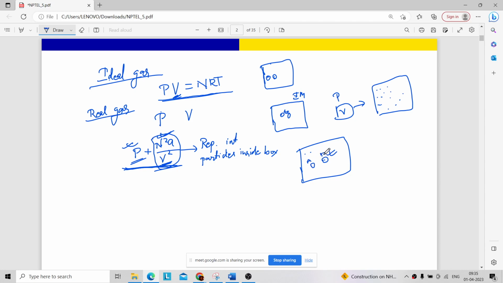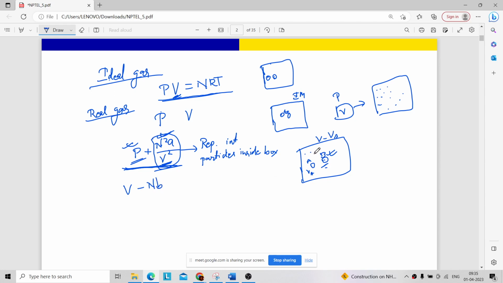So for the B particle, the available volume is V minus some v. Let's write this as V minus v. So the available volume for the B particle is the total volume of the box minus the volume of the particles. So the actual volume for the system will be V minus nb.